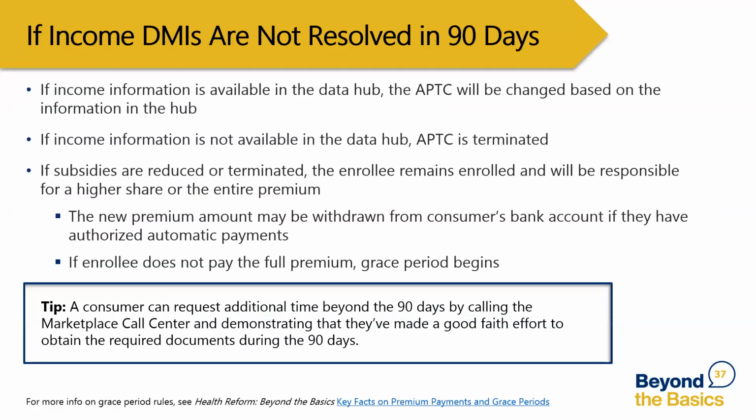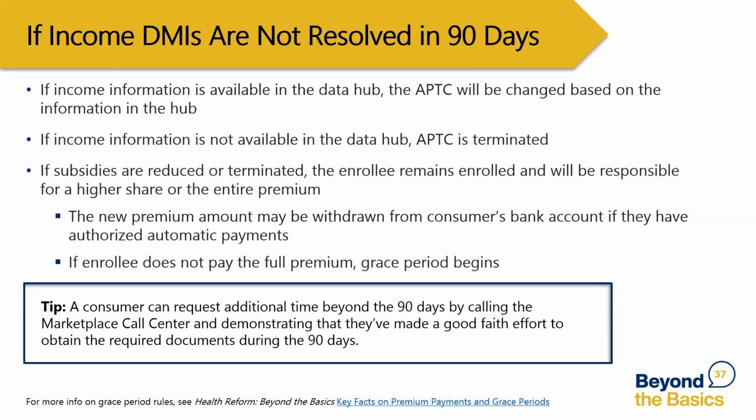If the income DMI is not resolved in 90 days, the APTC is going to be changed based on the information in the hub. And if there's no information available in the hub, the APTC will be terminated. Even though the APTC is terminated, the enrollee is going to remain enrolled, which is good and bad.